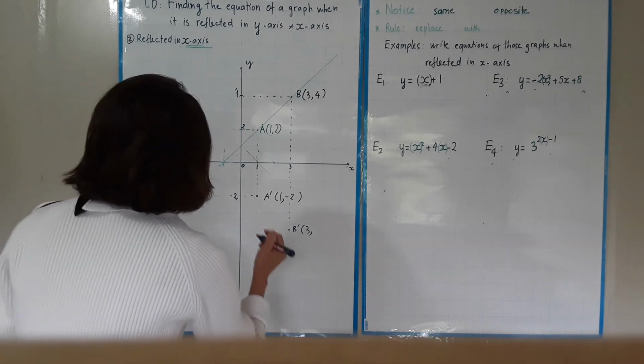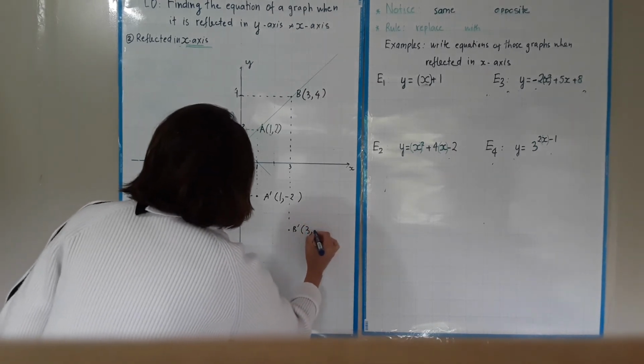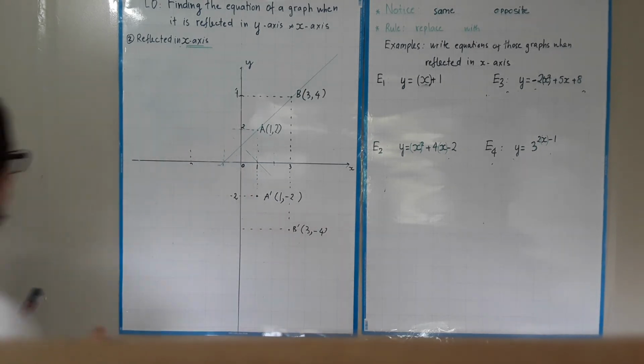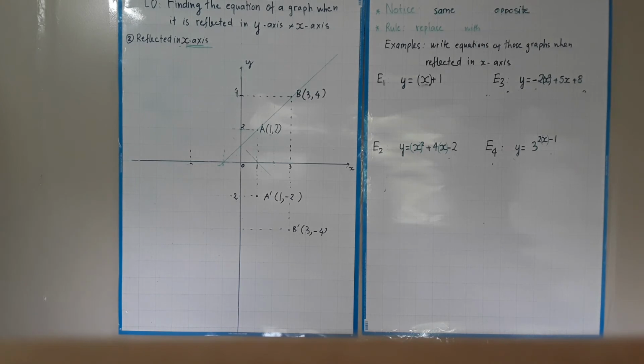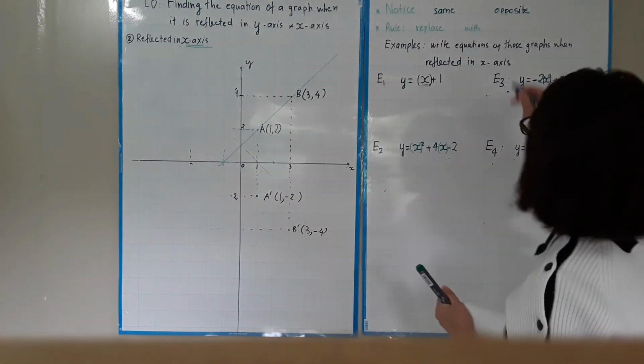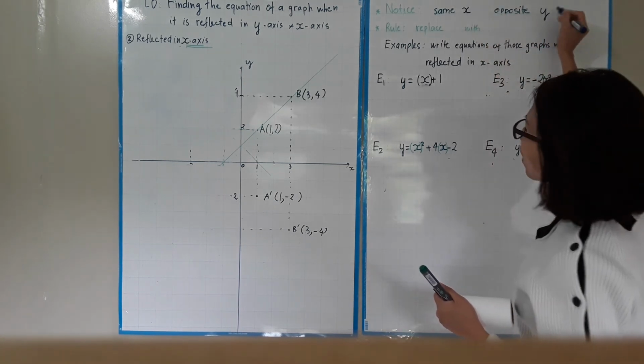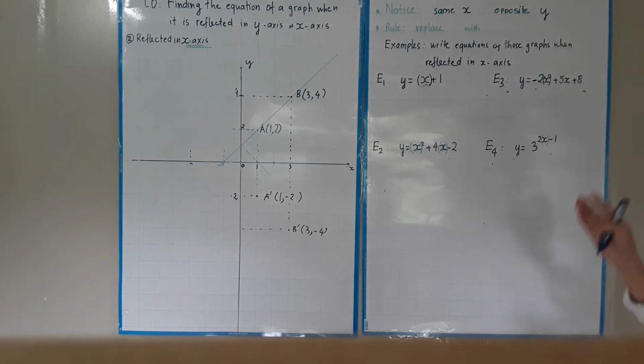So y coordinate of B dash is -4. A and A dash have same value of x, opposite value of y. Similarly, B and B dash have the same value of x, opposite value of y.